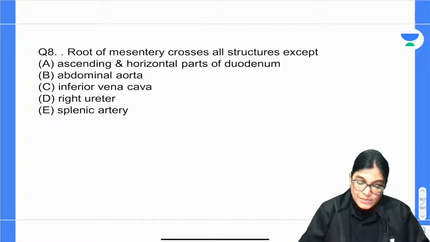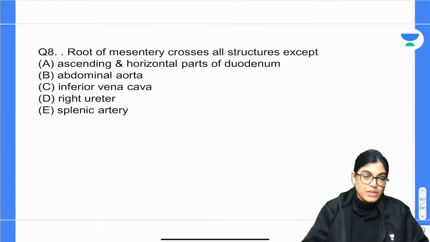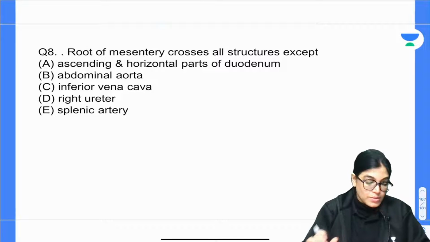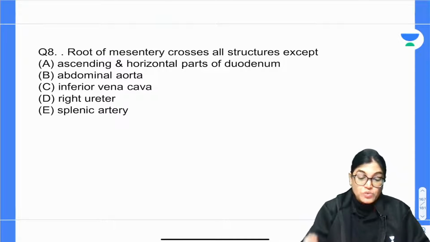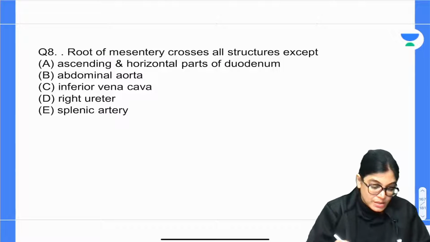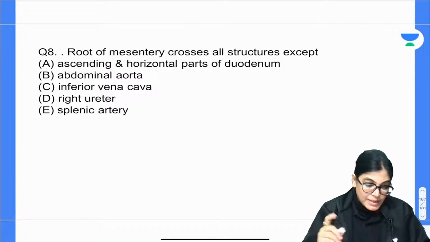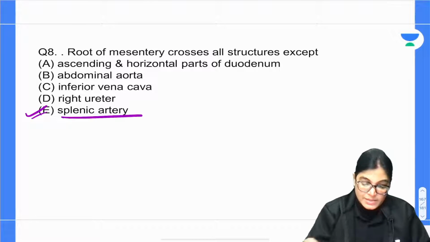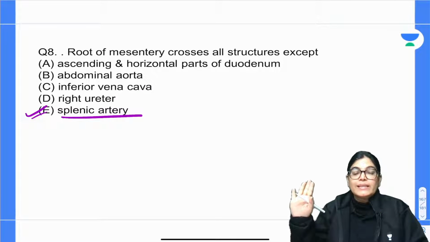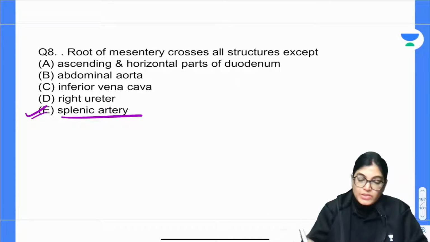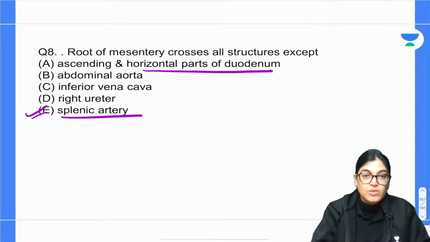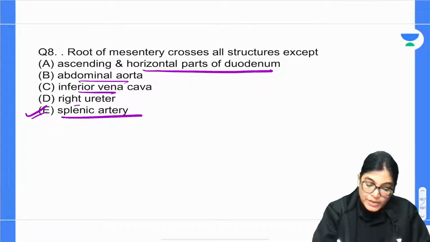Amit Behra has given the right answer. What about others? Root of mesentery crosses all except. So, go for the best option. If we have to choose the best answer, splenic artery is the correct answer. Splenic artery is not crossed by the mesentery. The horizontal part we already know is crossed, and so are the abdominal aorta, inferior vena cava and right ureter.